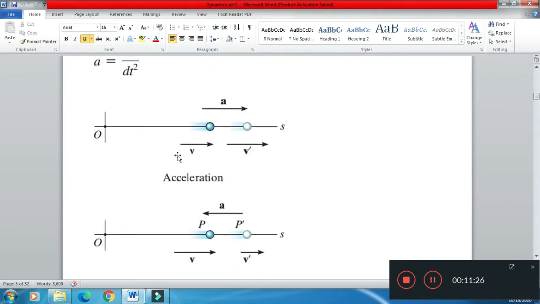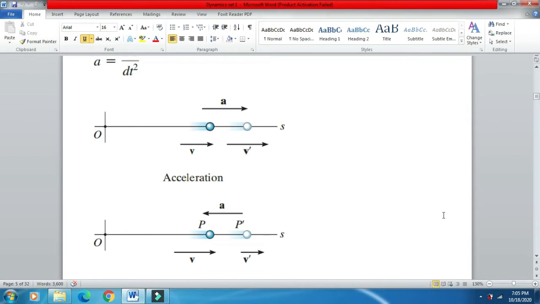We can see two cases. In first case, the velocity increases. The increase in velocity is shown with the help of the size of velocity vector. So velocity here is increasing. When velocity is increasing, the acceleration is positive, and the acceleration is shown in the positive direction. When the velocity is decreasing, as in the second case, the size of the vector, you can see it is decreasing.